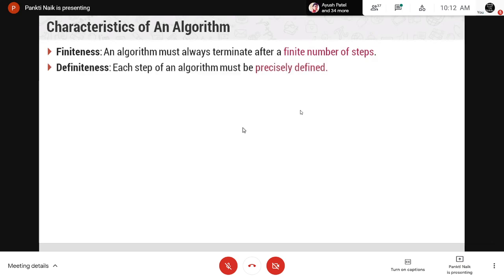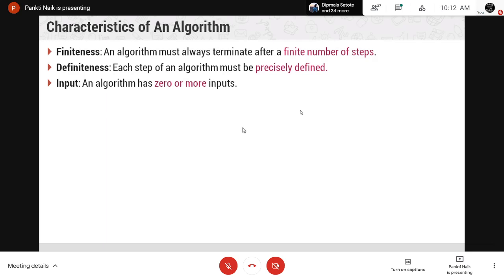Next characteristic is definiteness. Each step of the algorithm must be precisely defined. Each and every step of your algorithm must be precisely defined. So that is definiteness.